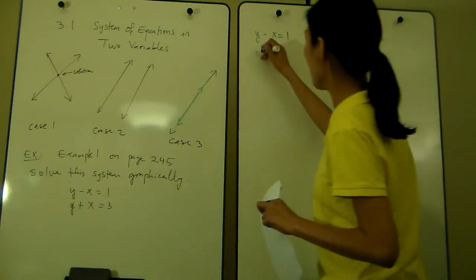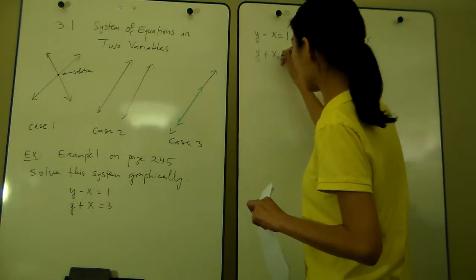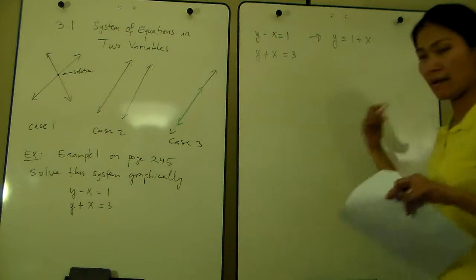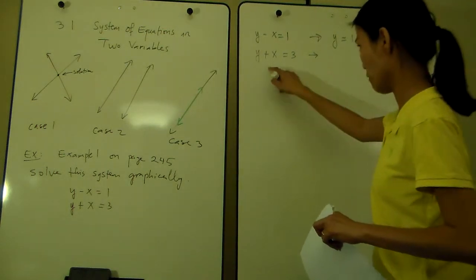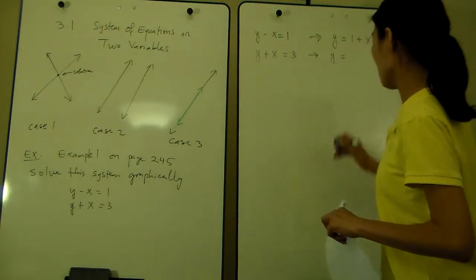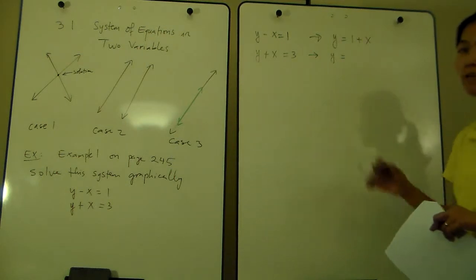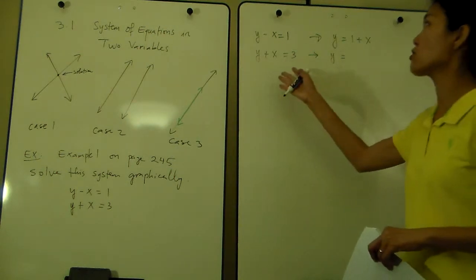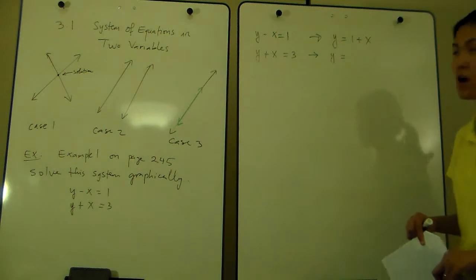For the second line, I have y plus x equals 3. Same procedure: I like to convert this to y equals something, so y on the left-hand side and the remaining terms on the right-hand side.